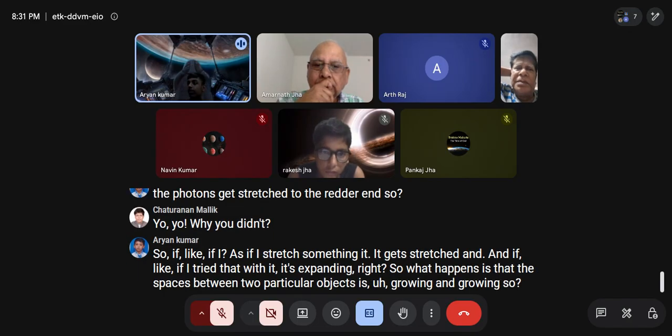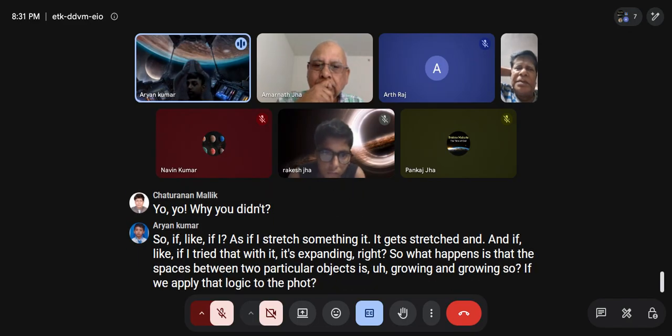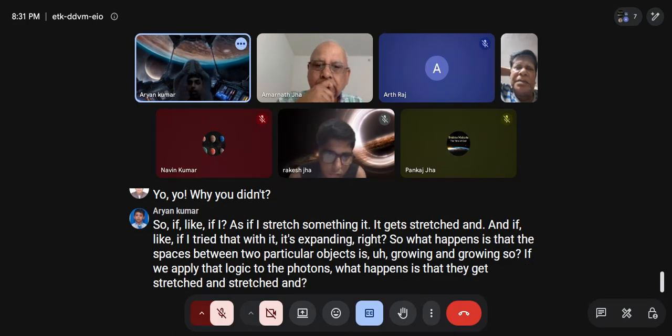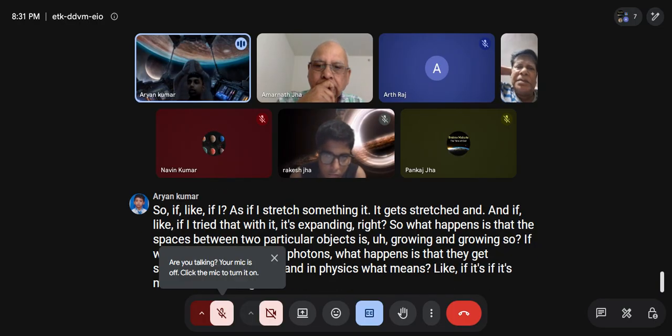If we apply that logic to the photons, they get stretched and stretched, and in physics, if it's more stretched, it goes to the redder end because it has lower energy now.